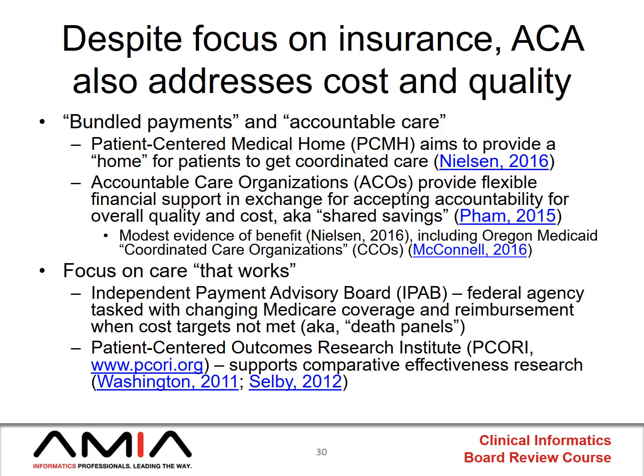The ACA also focuses on quality, aiming to promote the use of care that works. One somewhat controversial approach to this is the Independent Payment Advisory Board, which is a federal agency that is tasked with changing Medicare coverage and reimbursement when cost targets are not met.